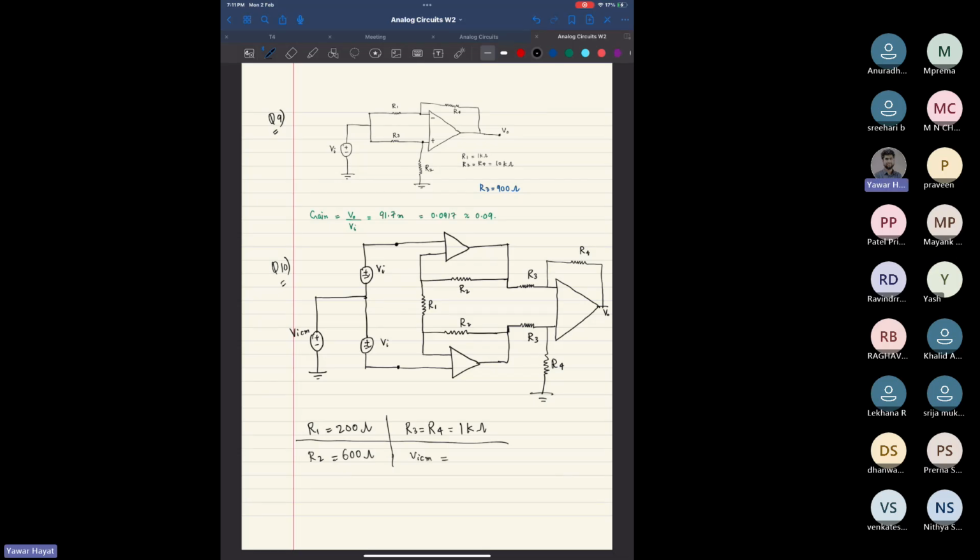VICM is 2 volt. Here VI is 2.5 into 10 to the power minus 3 sine of omega t, I mean, these many volts. Okay, VI is this much. Yeah, what would be the V out? VO?